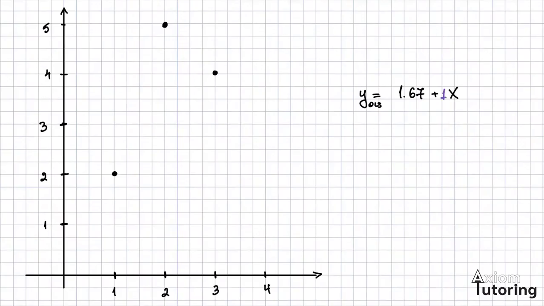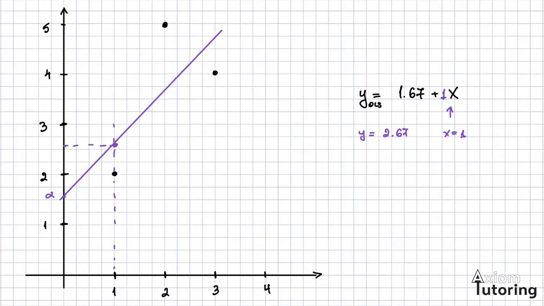Well, very easy. We've got the intercept alpha right here, and then we can just take a value, let's say x equals 1, which means my y will be 2.67. So at x equals 1, I'm going to have 2.67 right here, this point, and I simply need to connect these two to have my OLS line. Okay, so this is what my OLS line would look like for these particular 3 data points.